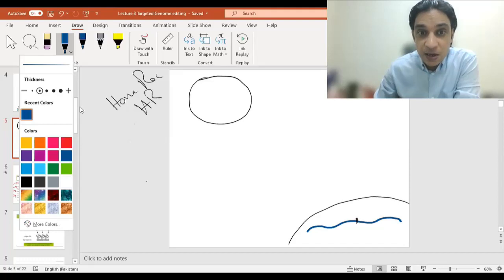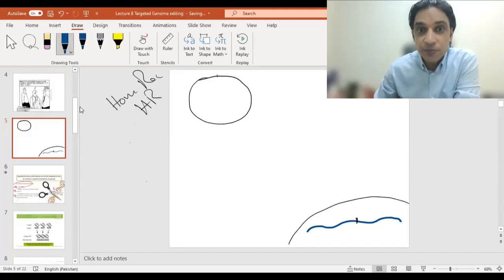So there is one portion of the vector which is utilized to send the gene of our interest. The vector was designed in such a way that along the sides of the gene of our interest, or the gene which we want to send, we created two homologous fragments of DNA.